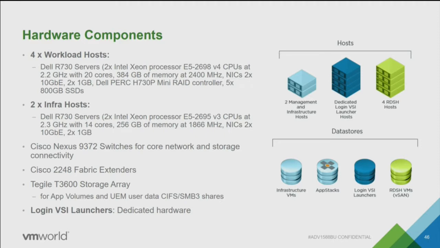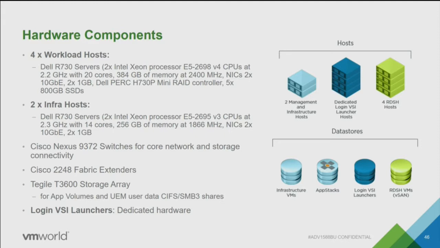Cisco Nexus 9372 switches were used for the core network as well as the storage connectivity. We also used some fabric extenders for the compute layer. We had a Tegile T3600 to use.